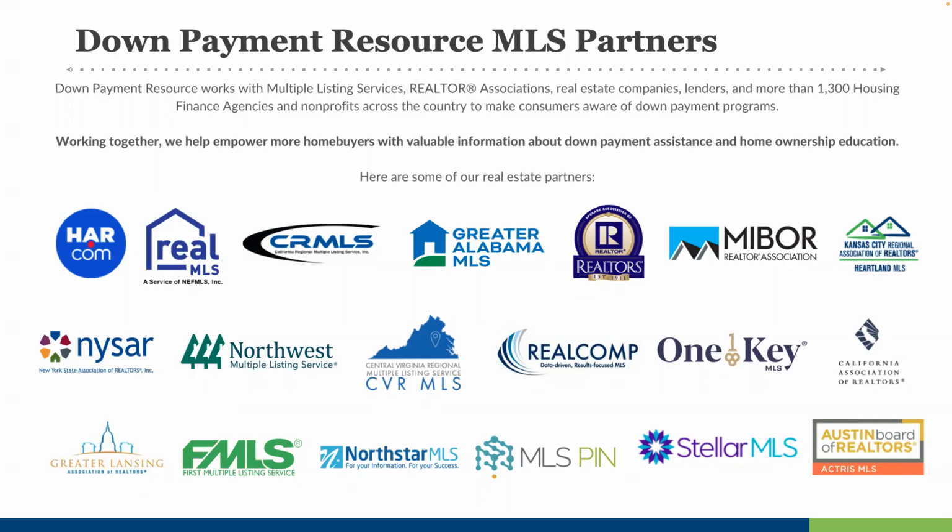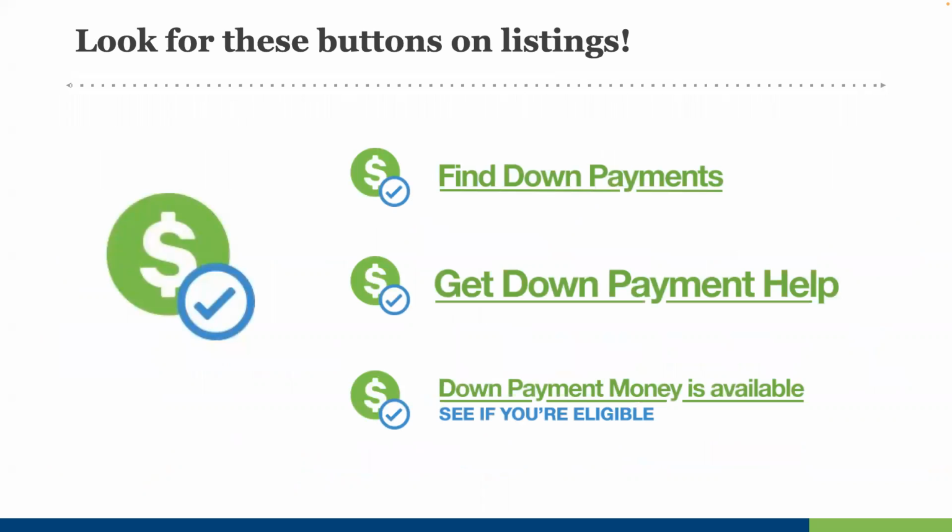But if you click that, we tell you which programs are available for that property. And there's the down payment button on the screen. Look for that on listings if you're a member of one of our MLS partners, typically on the single line and the agent detail views. Your clients can see it too. But we'll tell you which programs are available and which ones have money, and the few that don't, if applicable. So Dion, most programs are funded. It's a matter of finding loan officers who actively participate in these programs.